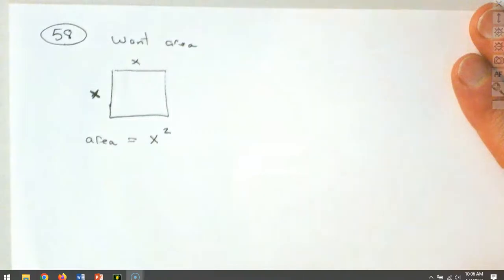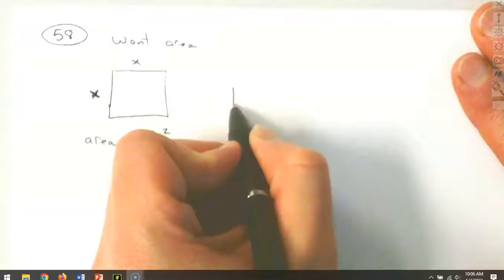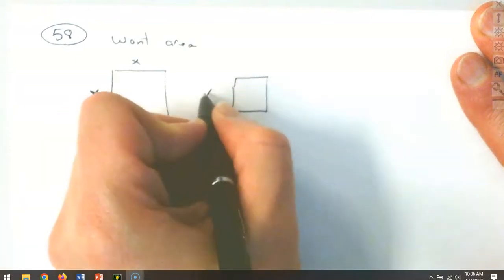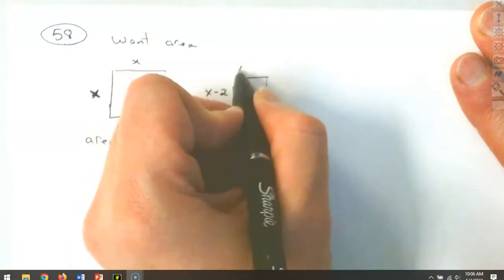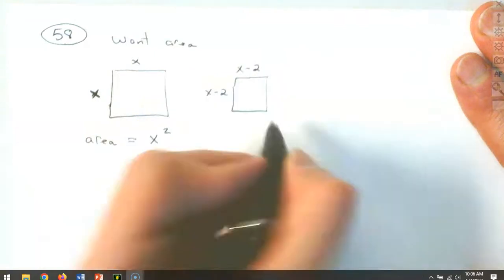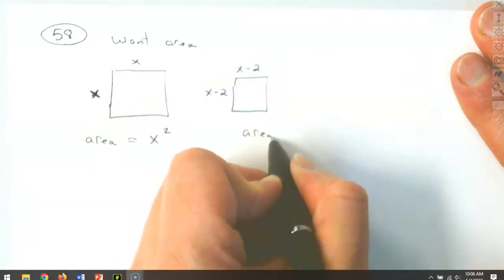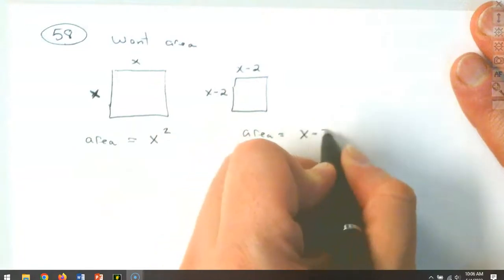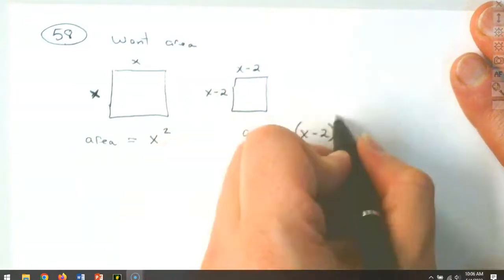What about the other one? The mirror's a little bit smaller. And that's x minus 2 and x minus 2. So that area would be, those two going together, x minus 2 quantity squared.